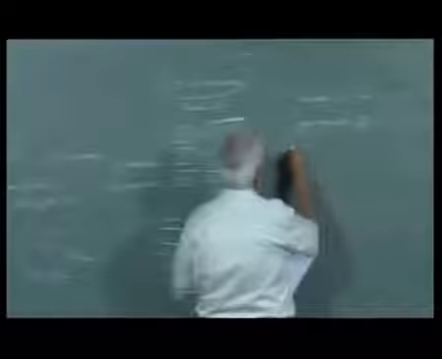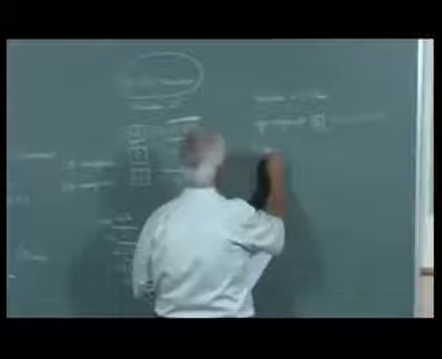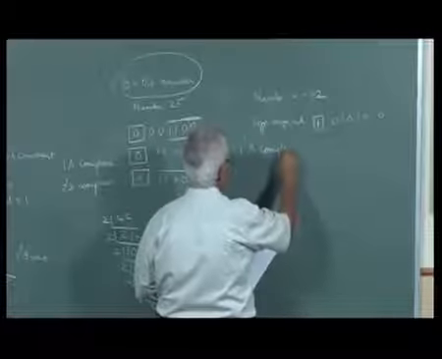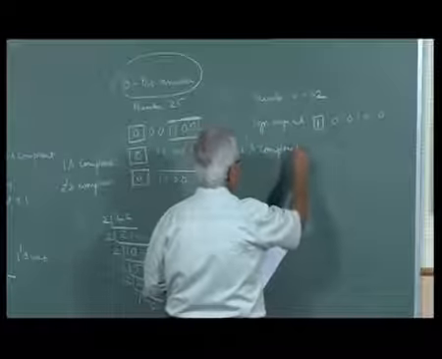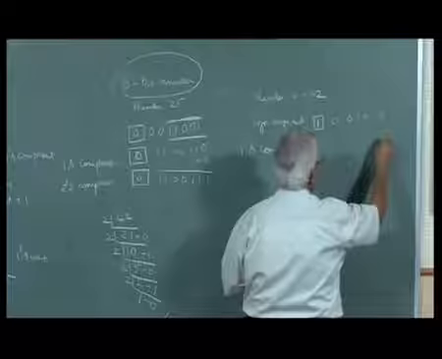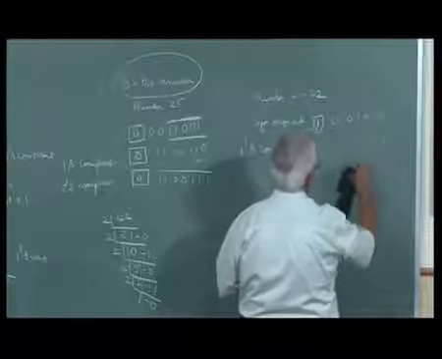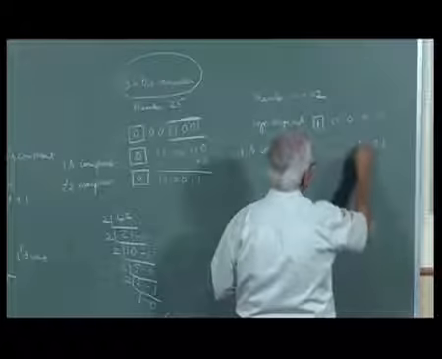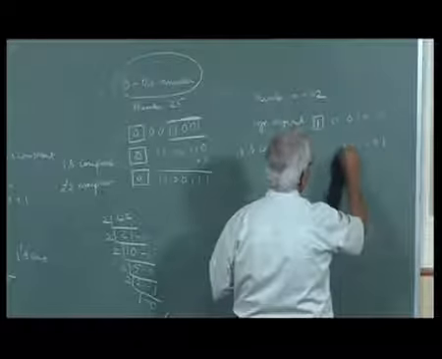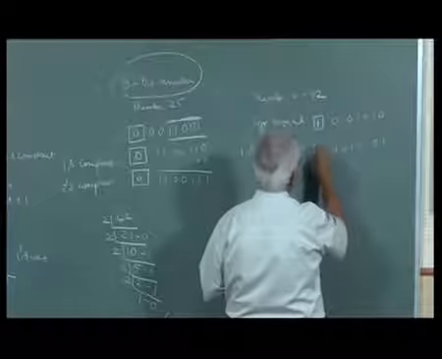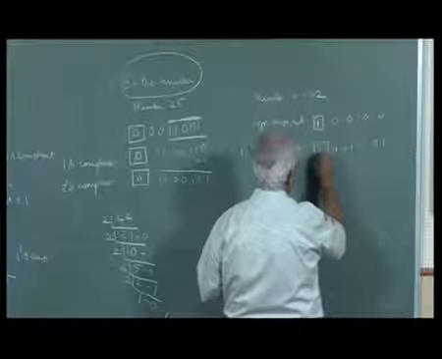1's complement: invert each bit, 1, 0, 1, 0, 1, 0, 1. The sign bit will remain 1 because it is a negative number.